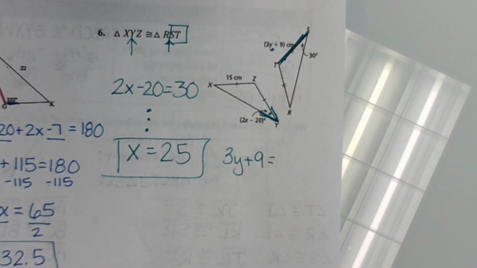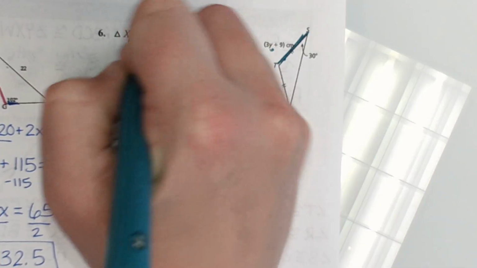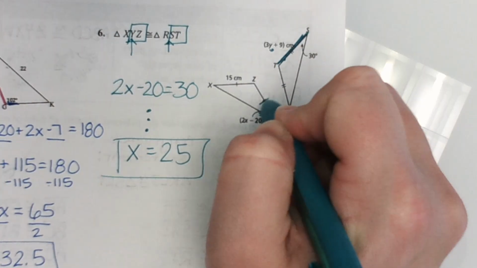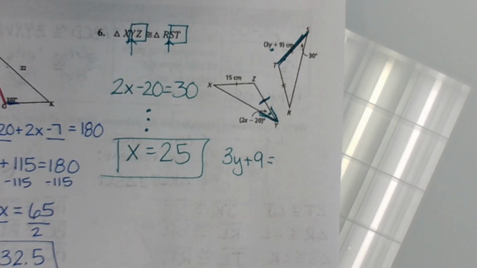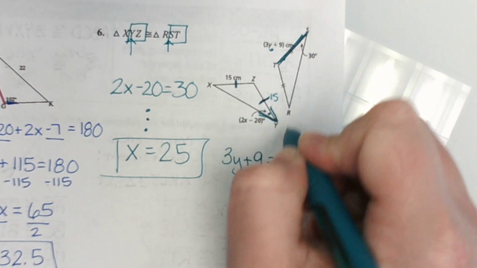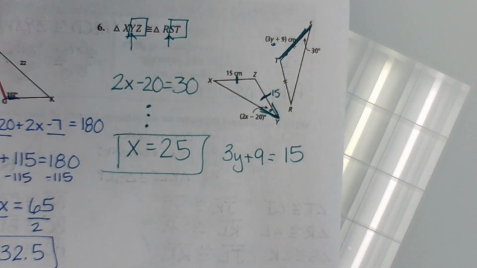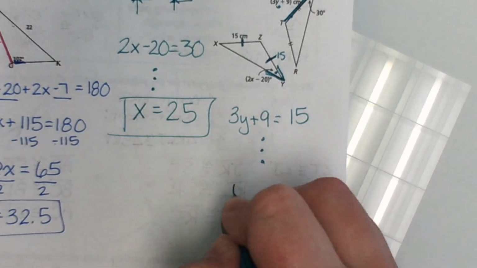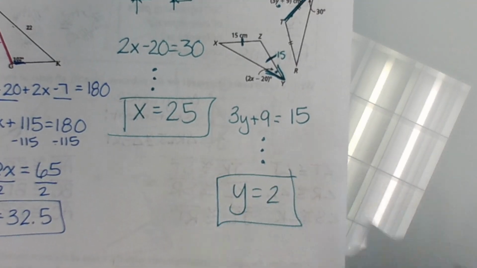Not XZ, I mean YZ. See any issues there? Do you see a tick mark here? Yes. Where does that tick mark match? Up here at 15. I said 15. Y is 2.